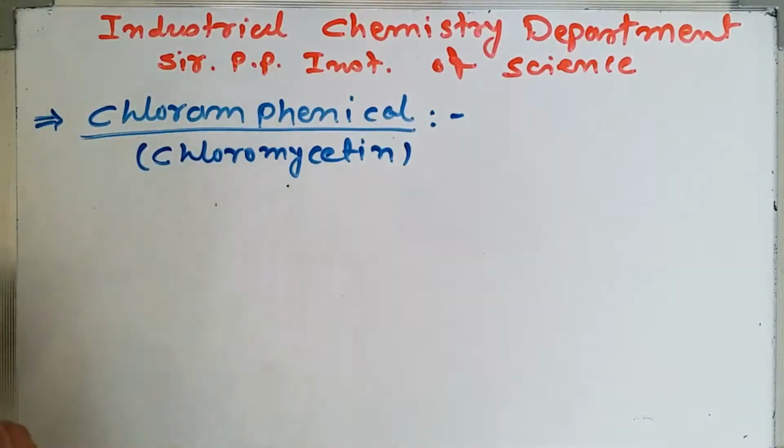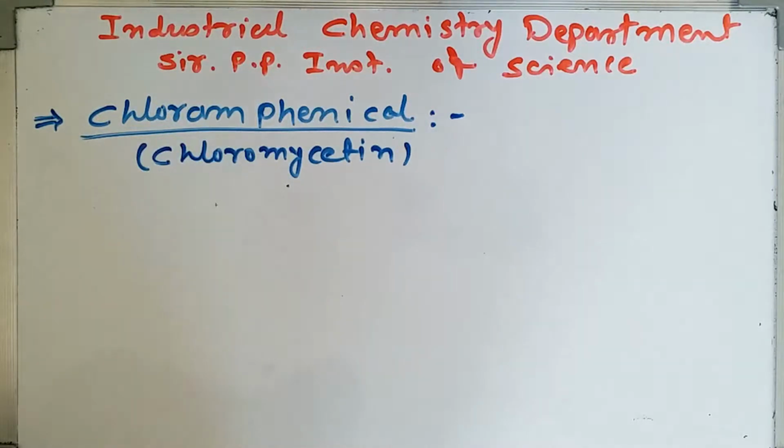This is the only antibiotic which is commercially produced by synthetic route. We see the synthesis of chloramphenicol. The remaining antibiotics are manufactured by biochemical methods, in which microorganisms and chemical processes are combined.